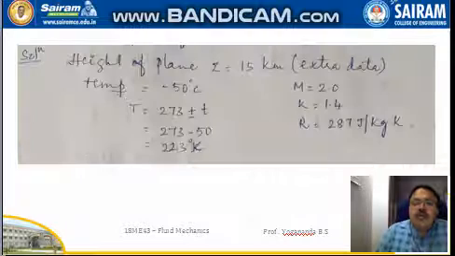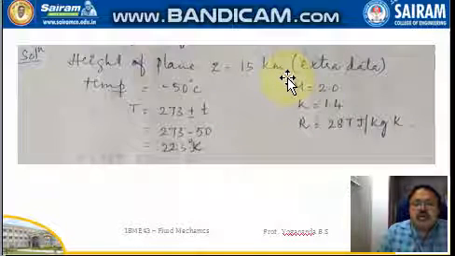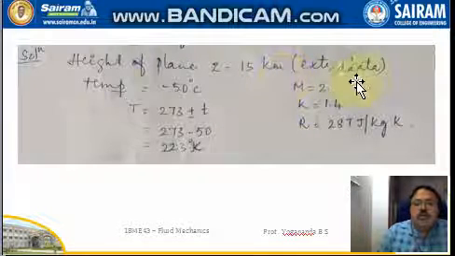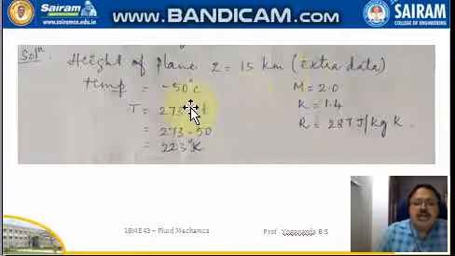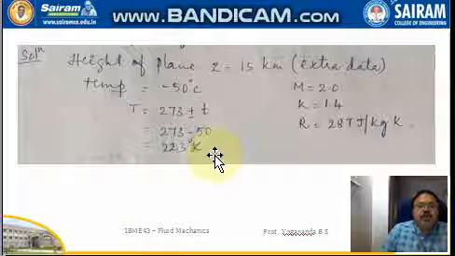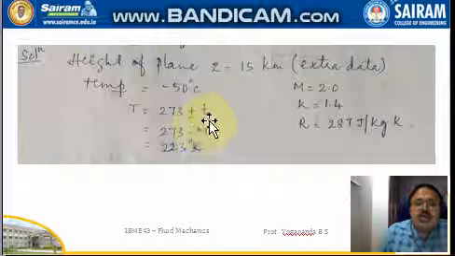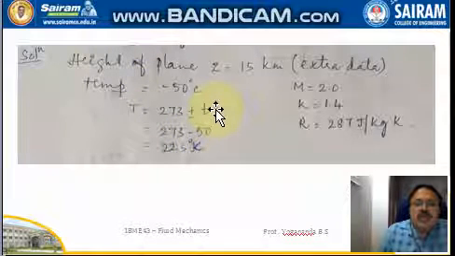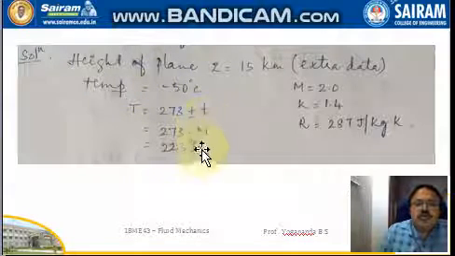We have the height of the plane given in the data, that is 15 kilometer above the ground. That is extra data, we are not using it anywhere. Temperature is given as minus 50 degrees centigrade, which should be converted into degree Kelvin. So capital T is equal to 273 plus or minus the degrees centigrade. So minus 50, it is 223 degree Kelvin.